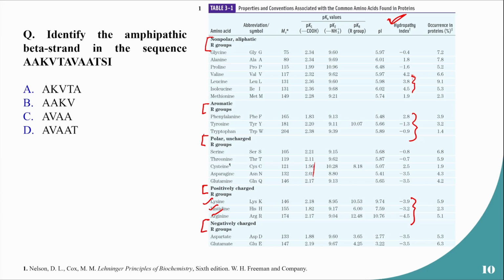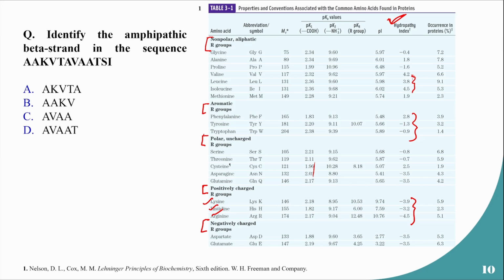For an amphipathic beta strand, one hydrophobic amino acid will be followed by a polar, charged or uncharged, amino acid, and that will be followed by another non-polar, and that by another polar, and so on.